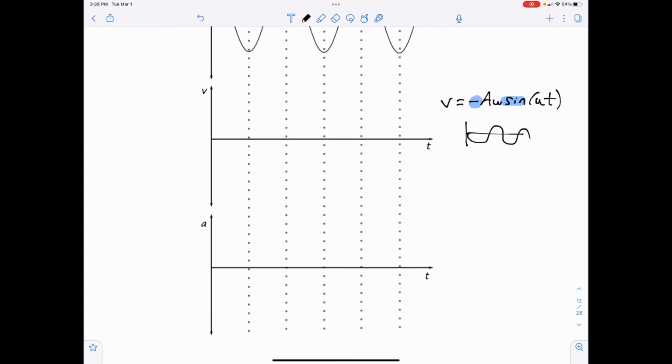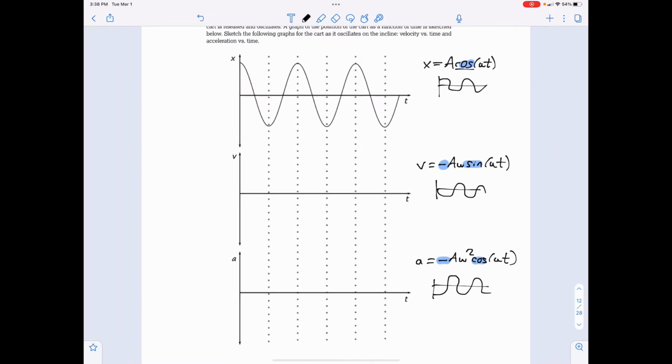And then the acceleration function would be, we're going from a negative sine function to a negative cosine function. All right, a negative cosine function starts at negative amplitude and goes up and down. They repeat as often because they have the same omega t, therefore the same period.